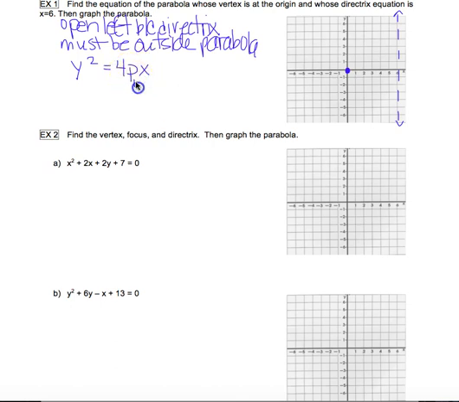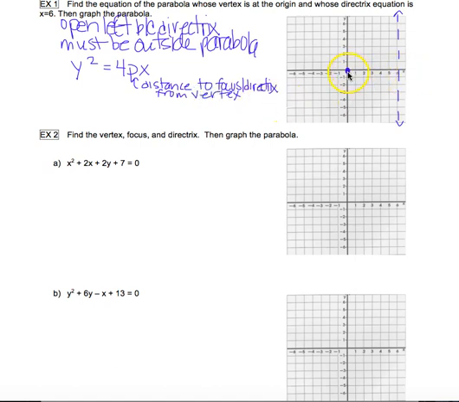Remember that p is the distance to the focus and to the directrix. Remember that if it's opening left, I need my constant to be negative. So whatever that distance is, I need to make it negative. So distance from focus, directrix, from the vertex.